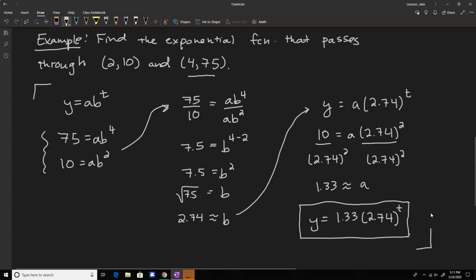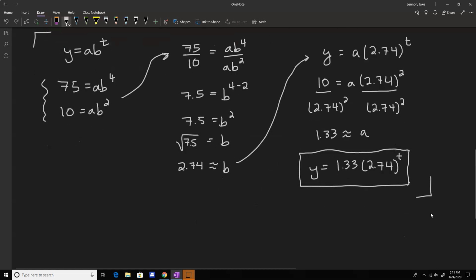Okay, so let's do another one. Same type of example.